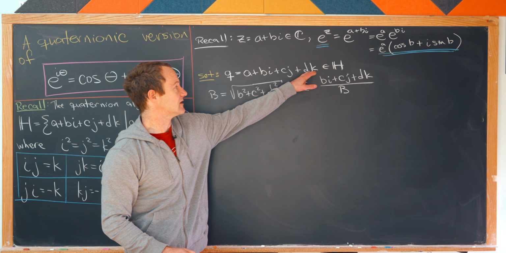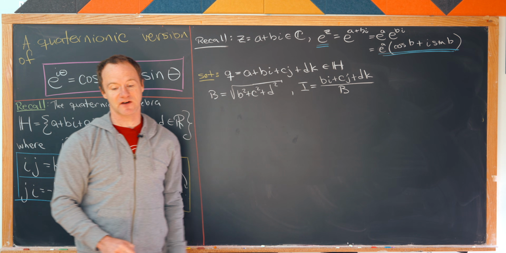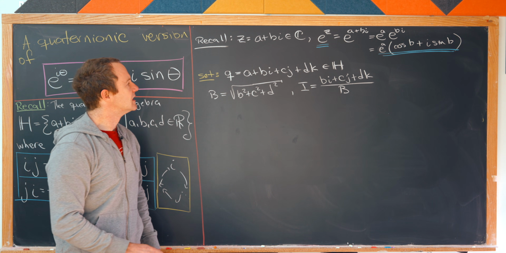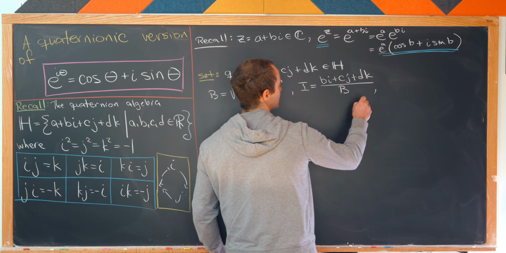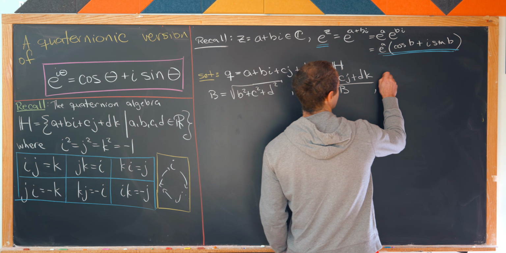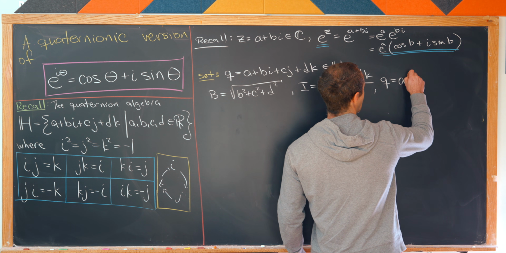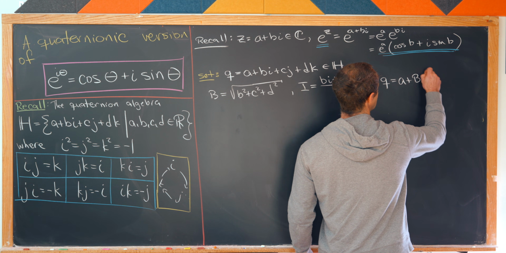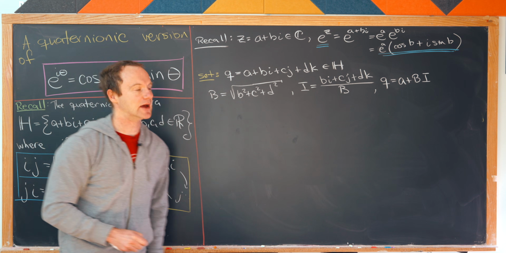Notice it's exactly the imaginary part of q divided by B. And in fact, under this rewriting, we have q equal to a plus capital B times capital I.